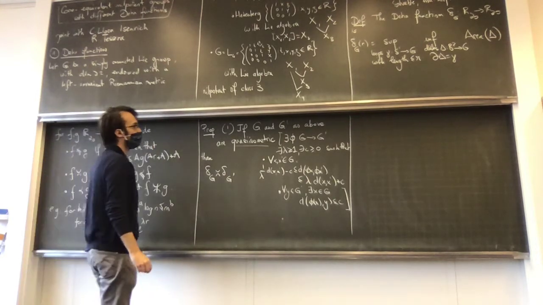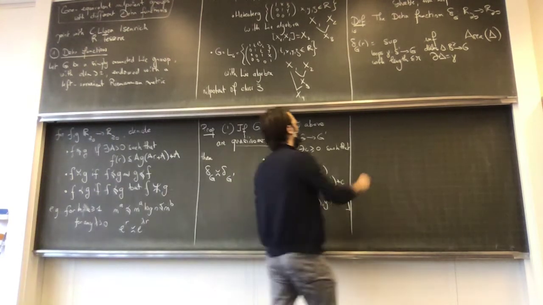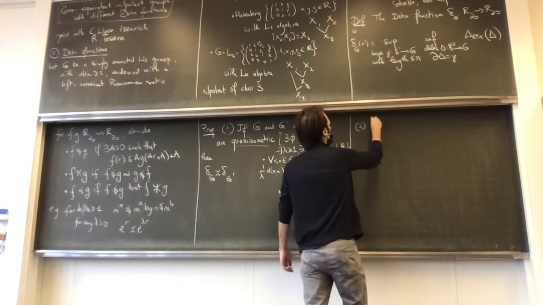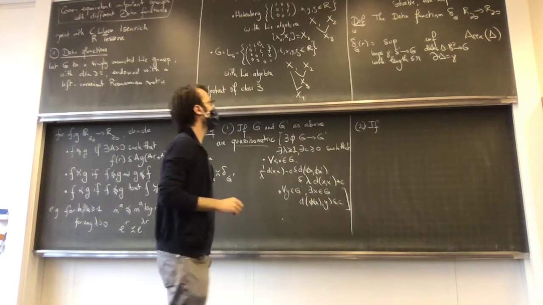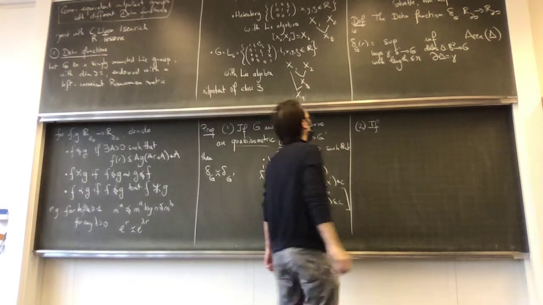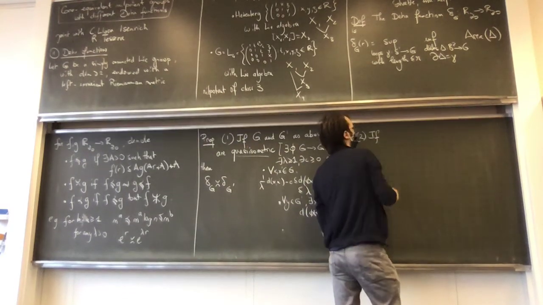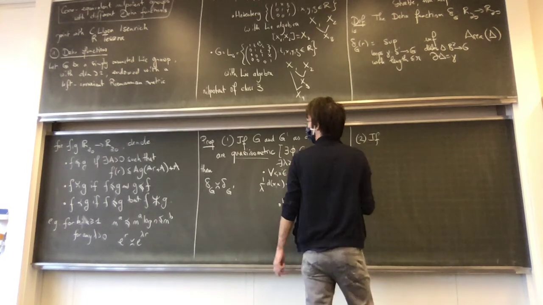Okay, so this is the first property, and the second one is a different definition, and the equivalence between both definitions is not so obvious, but I state this here as a property.